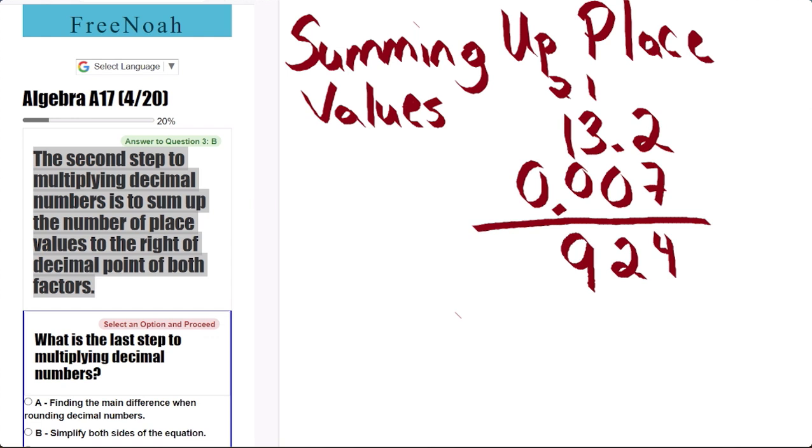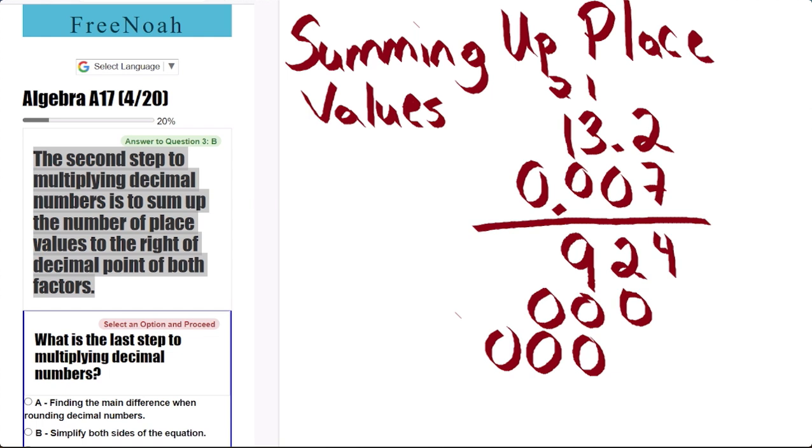Now, 2 times 0, well, that's going to give us 0. 3 times 0, well, that's going to give us 0. And 1 times 0 is going to give us 0, all right? And if you notice, the remaining other zeros are also going to give us zeros.